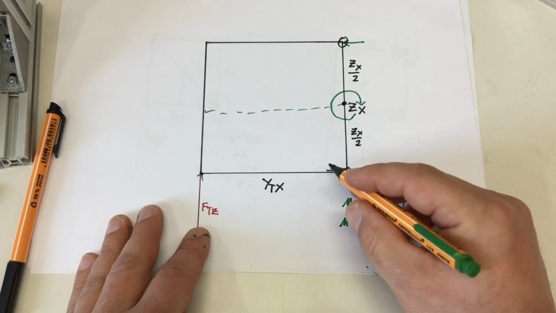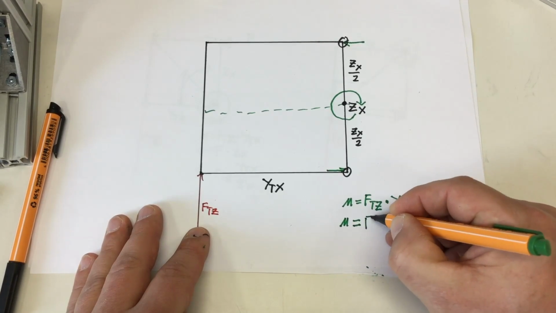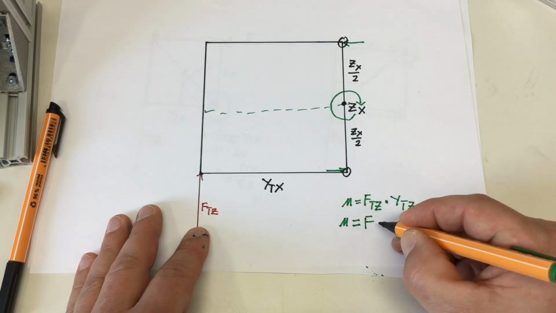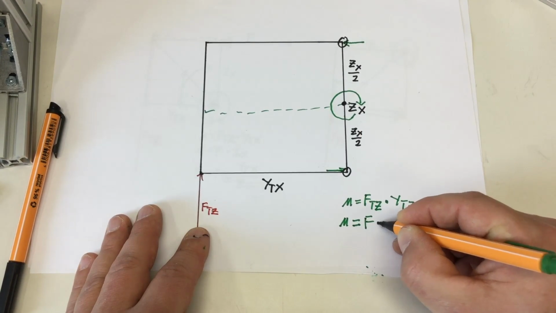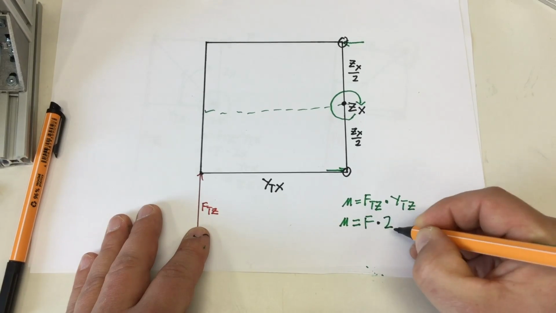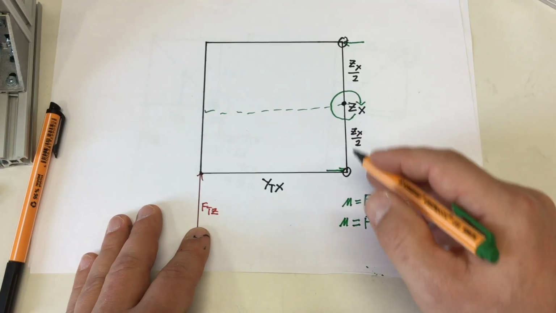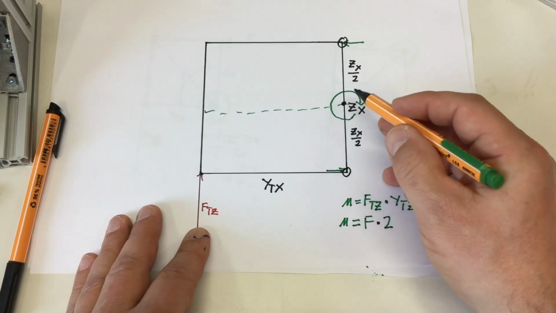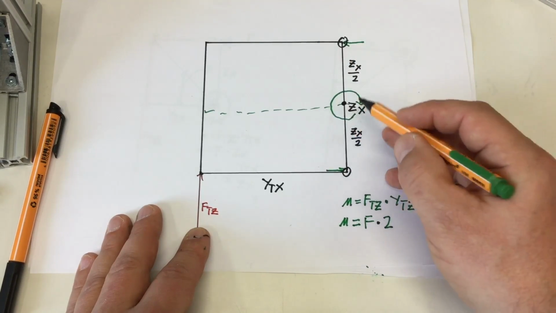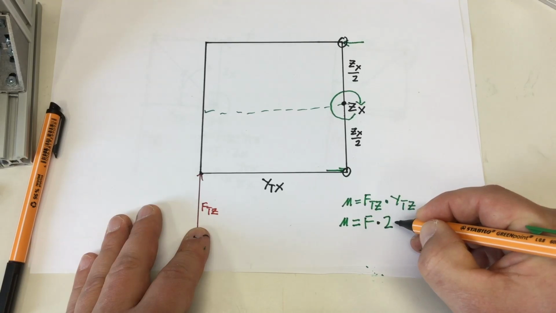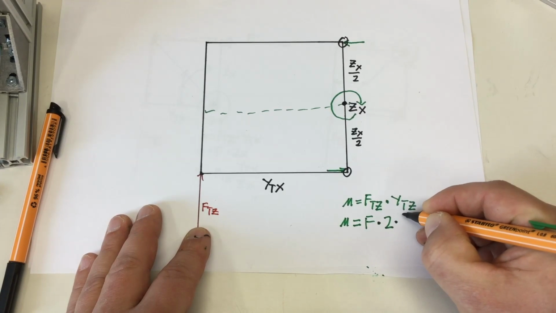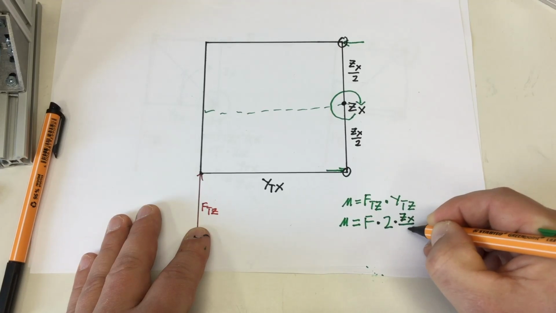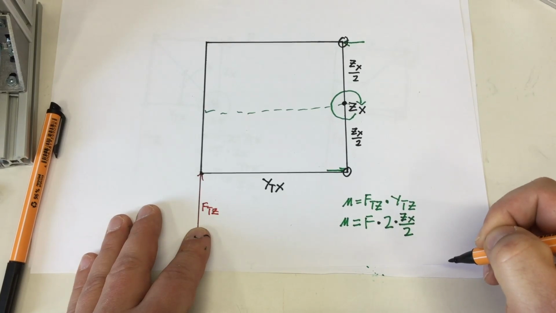is our unknown force, which we want to know, the force on our bearings, times 2, because we're pressing 2 times, we have 2 levers which are trying to rotate our axis, times 2 times zx over 2.